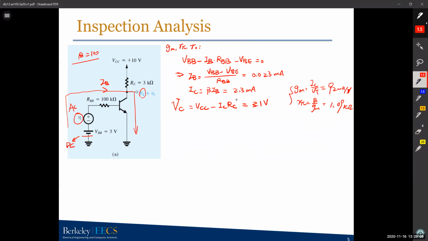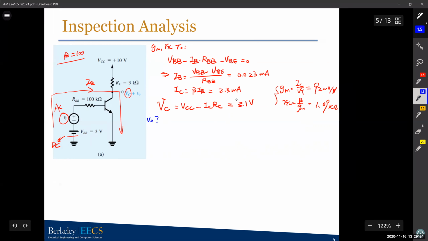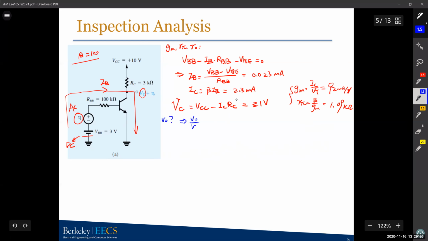So we are done with the DC part and also the small signal parameters. The next thing we want to know is the small signal Vout, and the output resistance. So you have to find the gain between Vout and VI first. There's a voltage divider between. So this equals Vout over VBE times VBE over VI.